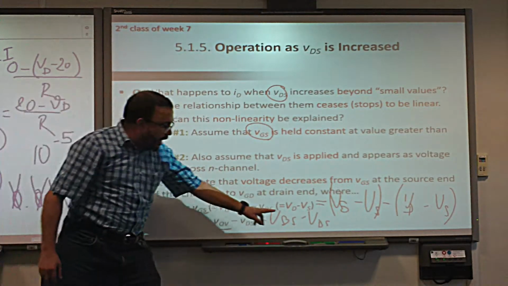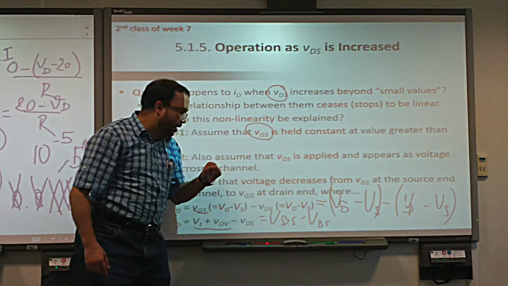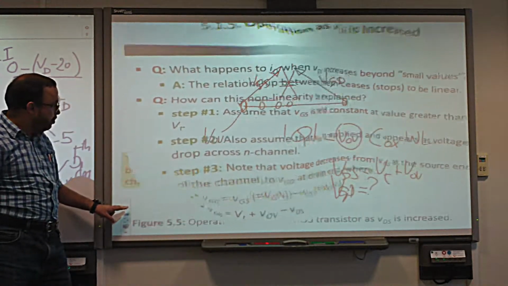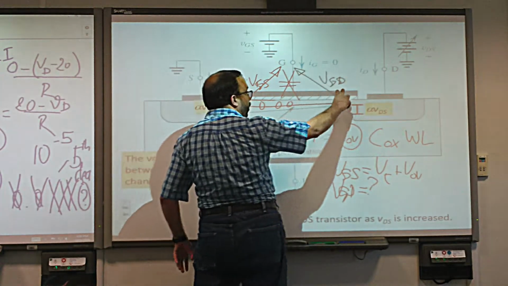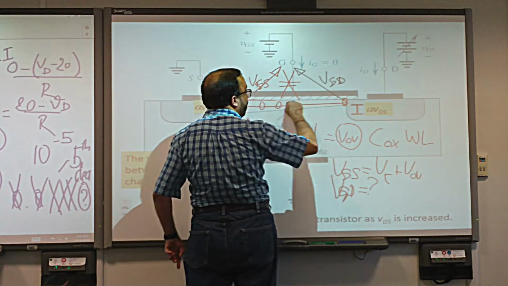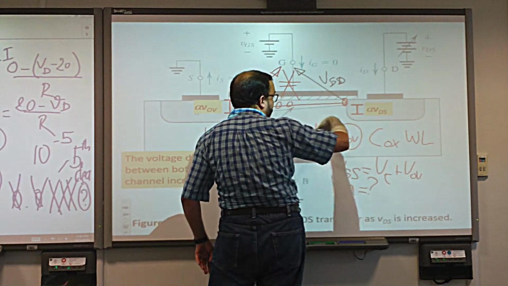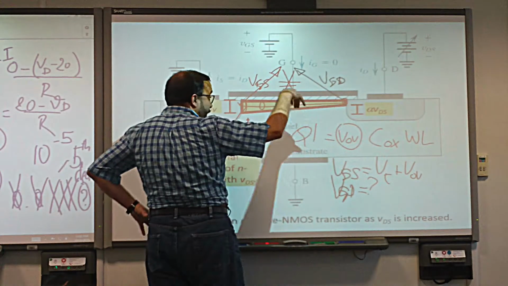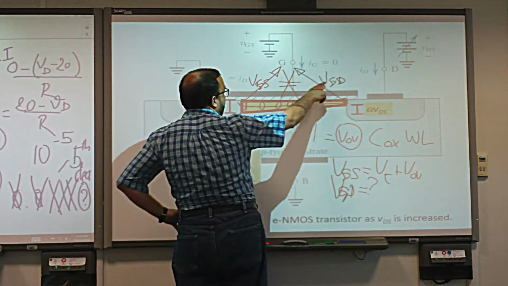So initially when VDS was small, VGD was equal to VGS. Yes or no? That means the charge here will feel the same voltage as the charge in here. So that's why we have a uniform channel. And we extracted the equation very smoothly last time. But in this case that we are in, it is not anymore. These two voltages are not equal.